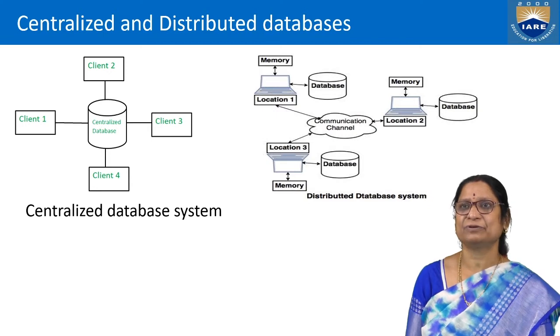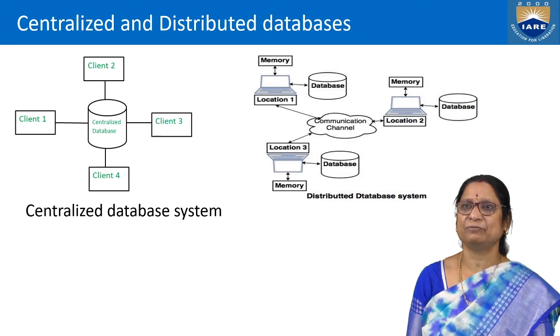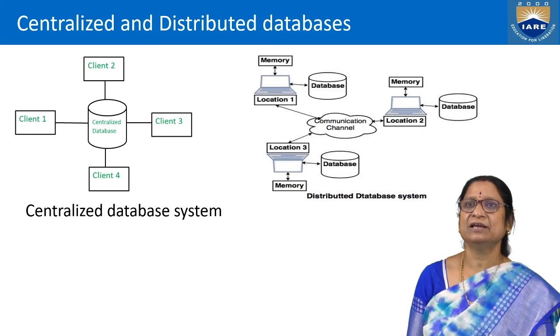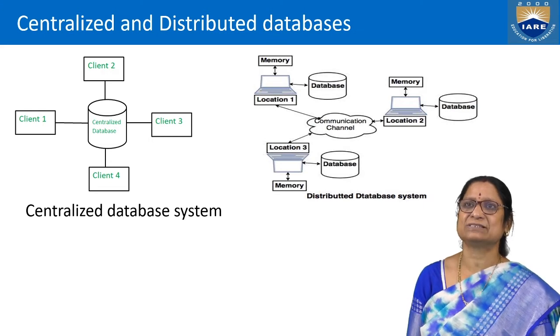Nowadays, take the banking system. Let us assume we have an account in Hyderabad in one bank. Even if we are at other locations, Delhi, Bangalore, Chennai, anywhere, we can access our data. Why? Because through networking, internetworking and communications, we are able to access data wherever it is stored.